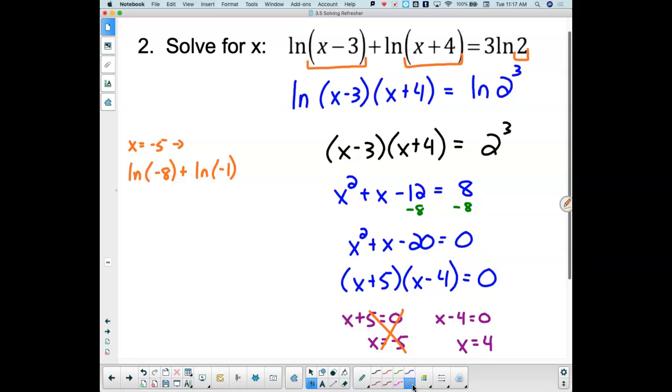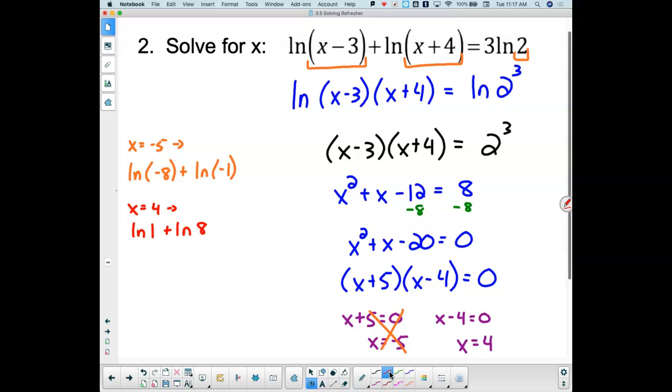Then we try 4. So now at x equals 4, I would get the natural log of 1 plus the natural log of 8. What's the natural log of 1? 0.